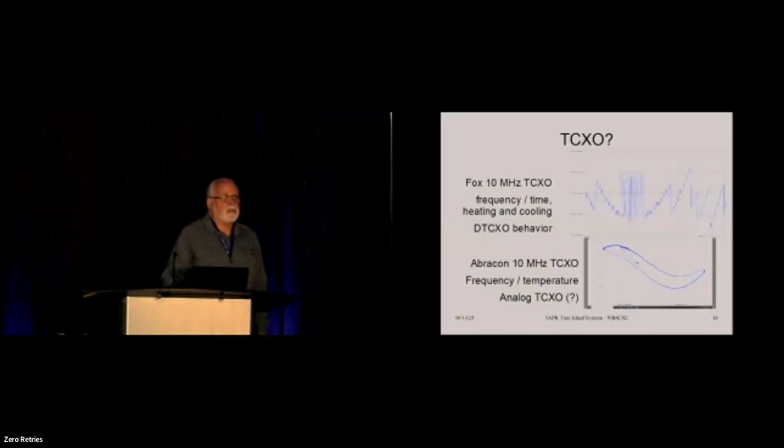MEMS silicon oscillators will do this too, the micro machined ones. This is why even with an OCXO, you're not necessarily going to be on frequency, because it just depends when you turn it on. And I got some more here.